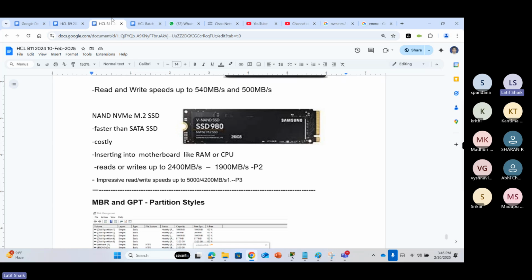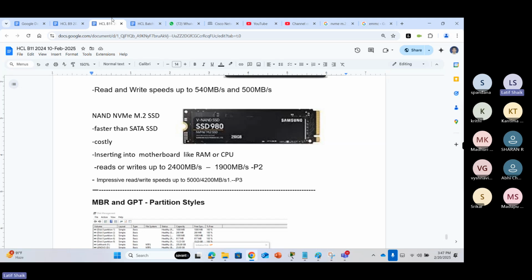And the next model is again 5000, 4200, like that. So the NVMe M.2 ones are faster, directly inserted on a motherboard. SATA SSDs are connected with SATA cables. That's it. So this is about storage, guys, different storage devices.